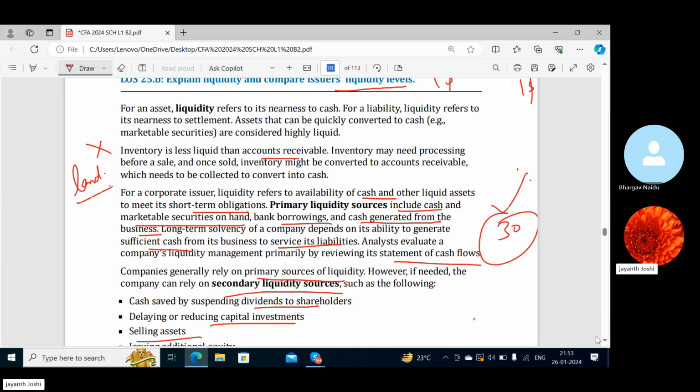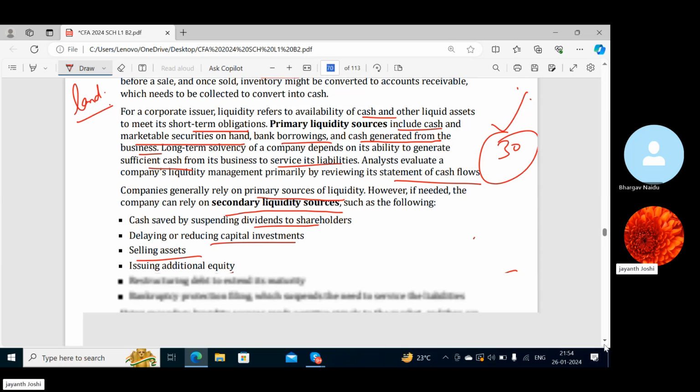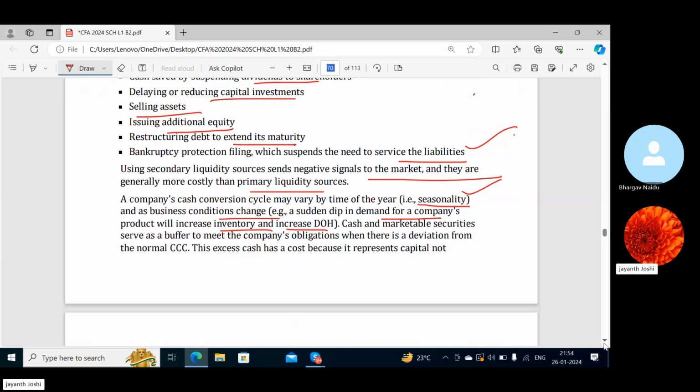So what will happen if your goods are not sold promptly? You may have more inventory in hand. That means the stock conversion period will be what, more or less?